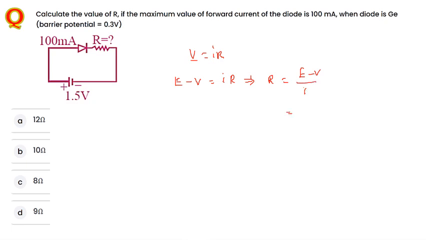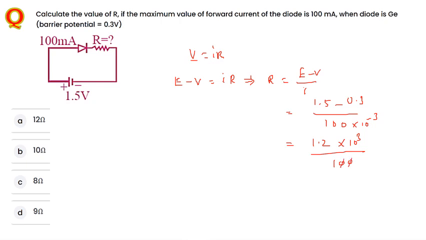See, E here is the battery potential, that is 1.5, minus the barrier potential they have given, 0.3, divided by 100 milliampere. The current here is 100 milliampere, and milli means 10 power minus 3. So 1.5 minus 0.3 is 1.2, and the 10 power minus 3 comes up as 10 power 3, divided by 100.